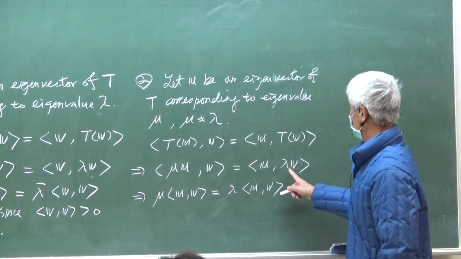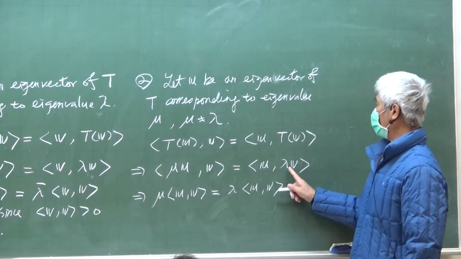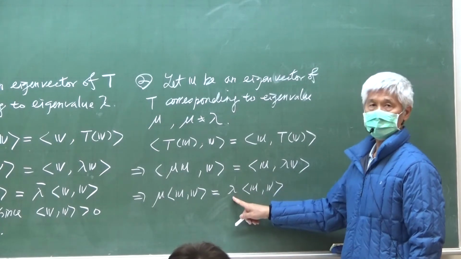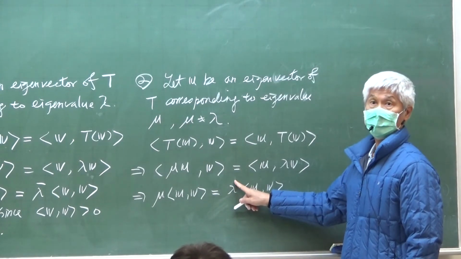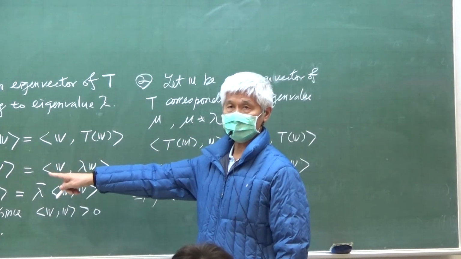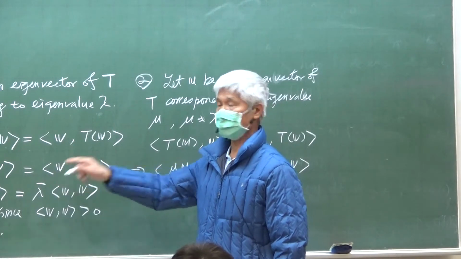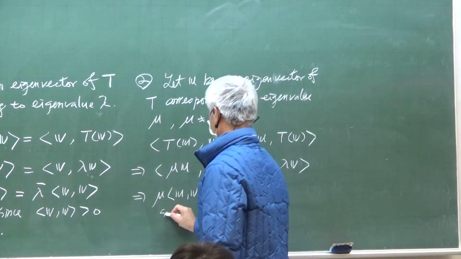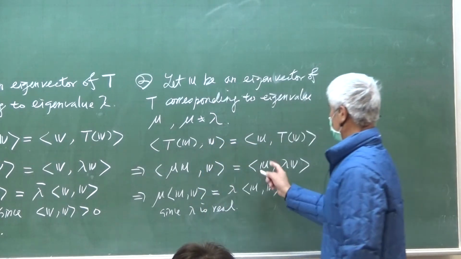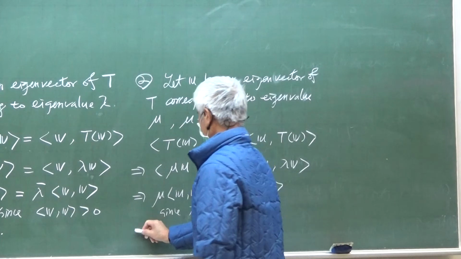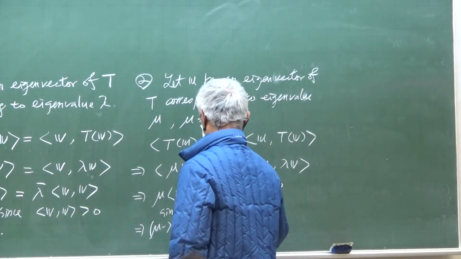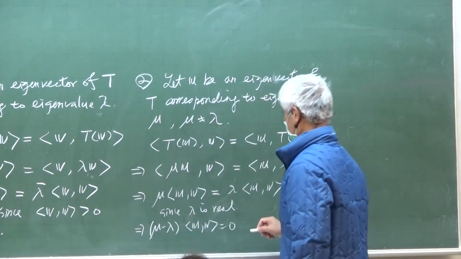Now, you may wonder why when we move the lambda out of the inner product we do not put the complex conjugate. Because we just proved that any eigenvalue of a self-adjoint operator is real. Since lambda is real, we have that. And this implies (mu minus lambda) times the inner product of u and v equals 0.